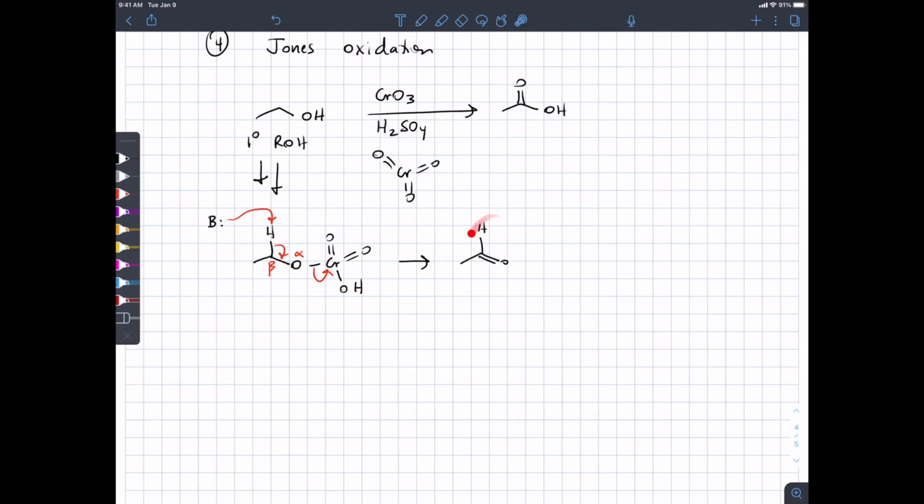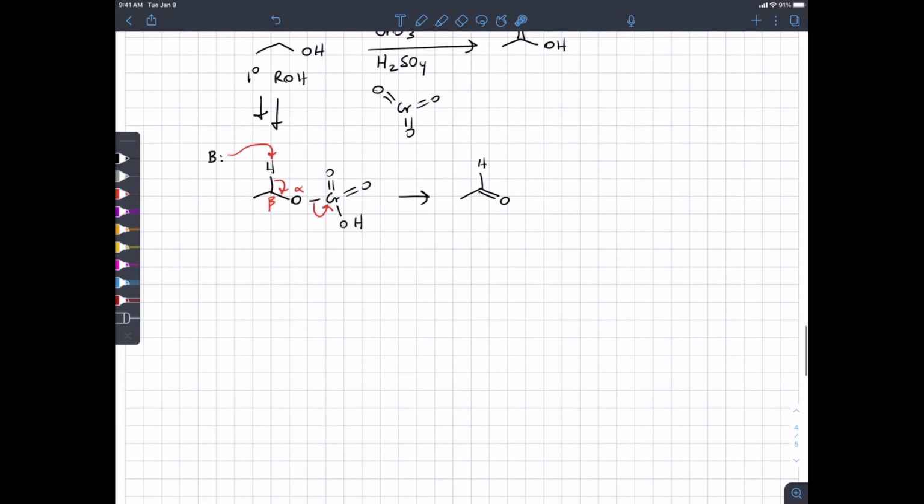Now, at this point, the aldehyde oxygen isn't really nucleophilic enough to attack another equivalent of chromium. But in the presence of water and under acidic conditions, which we are here, we've got H2SO4, that oxygen can pick up a proton from the acid. And again, this is what you'd predict.